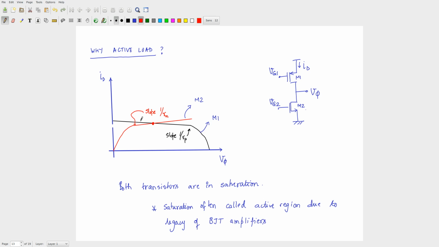And obviously if both Rp and Rn were infinity, then these two will become flat, so you will get extremely high gain, correct. It's like you had a load resistance of infinite resistance, and the idea of having the active load is that even with a low value of the supply voltage, you can get extremely high gain.